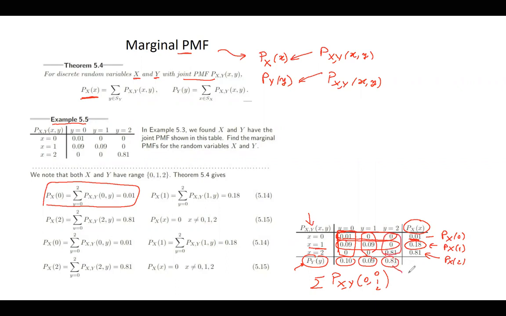And this corresponds to Py3, this corresponds to Py2, Py1, and this is Py0. So once you construct the joint PMF table, you can easily construct the marginal PMF of each random variable.